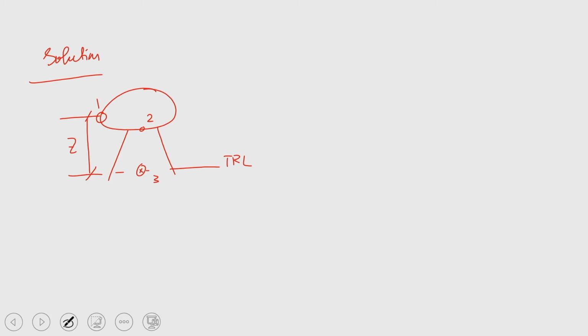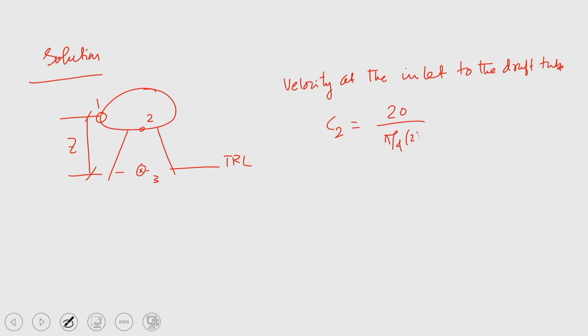So, the velocity at the inlet to the draft tube, C2, is equal to 20 divided by pi by 4 into 2 square, and it is coming as 6.369 meter per second. So, this is the discharge Q divided by pi by 4 into D inlet square, that is 2 meter square.